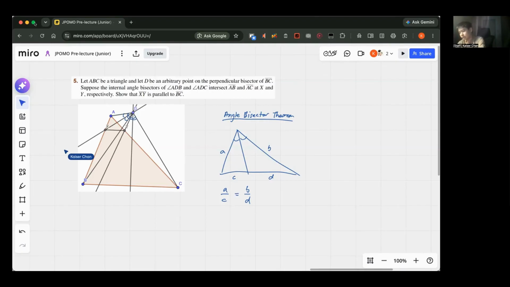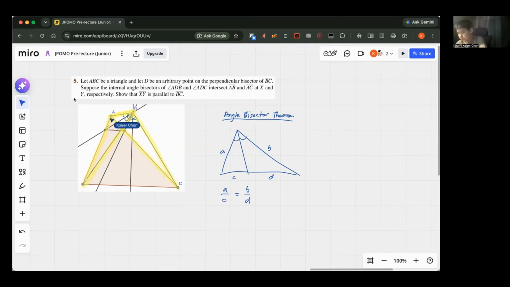ADX and BDX. Actually, let's just refer to the whole triangle. So ADB, this one. Hold on. ADB here. And what's the other triangle? Notice that we have two angle bisectors here. Yes, ADC as well. This one, right?